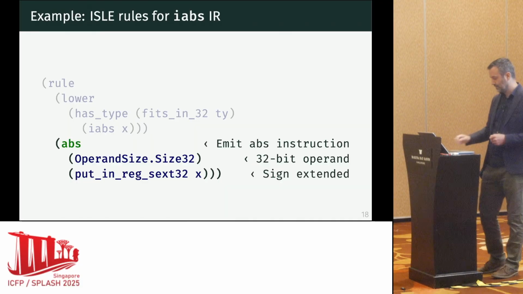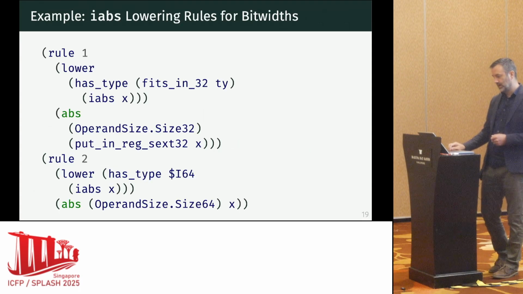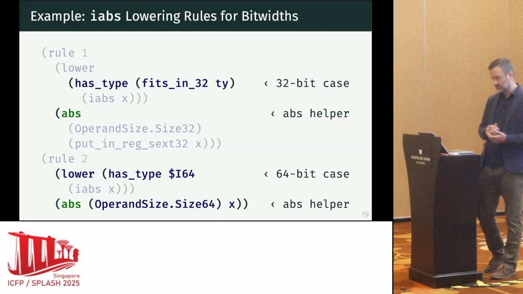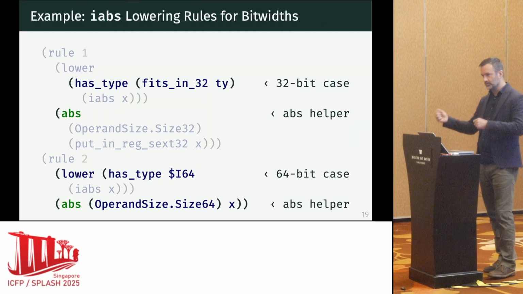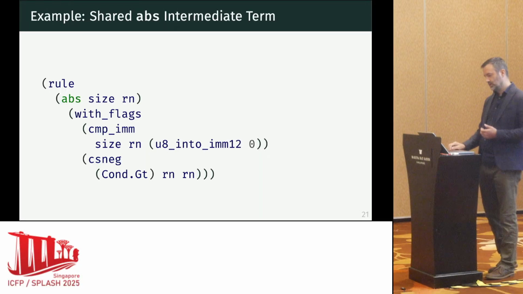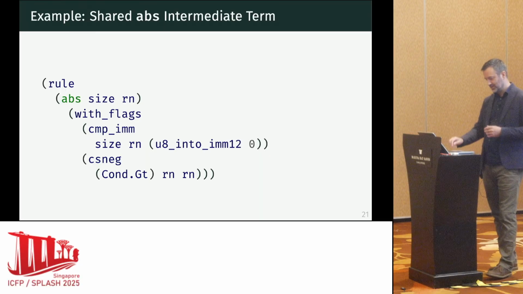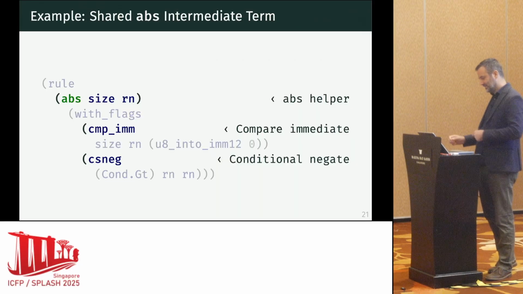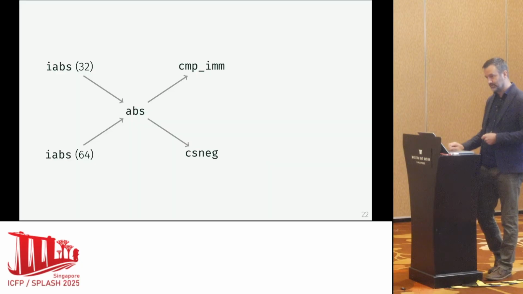sign-extended inputs. But in fact, there's two rules, one for the 32-bit case, one for the 64-bit case, and they both use this same helper. So you can see how this graph begins to form. But in fact, it continues, because this abs helper is implemented in terms of a compare immediate and a conditional negate, so the graph gets a layer deeper.